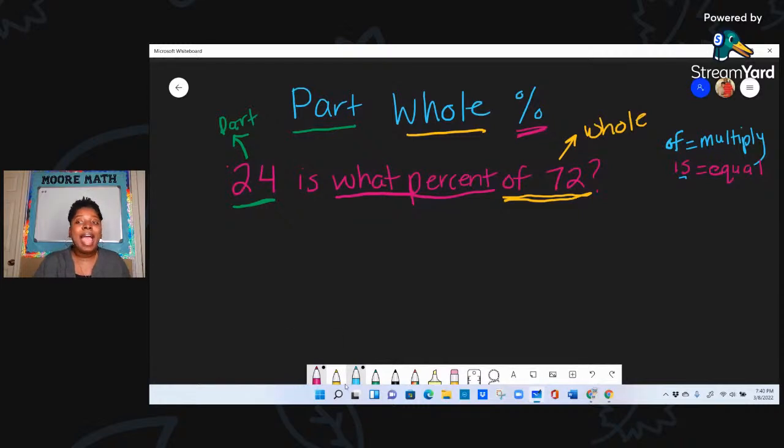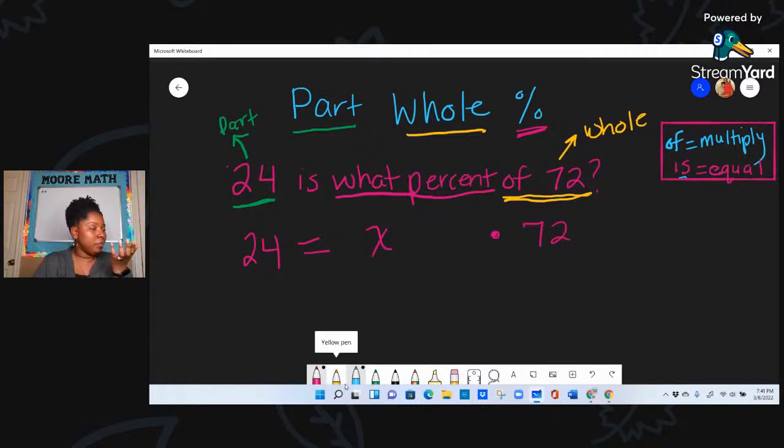All right. Now go to our keyword list right here. And let's do it. Follow the words. 24. It says is means equals. What percent? If I don't know the percent, I'm going to put X. Of means multiply. 72.